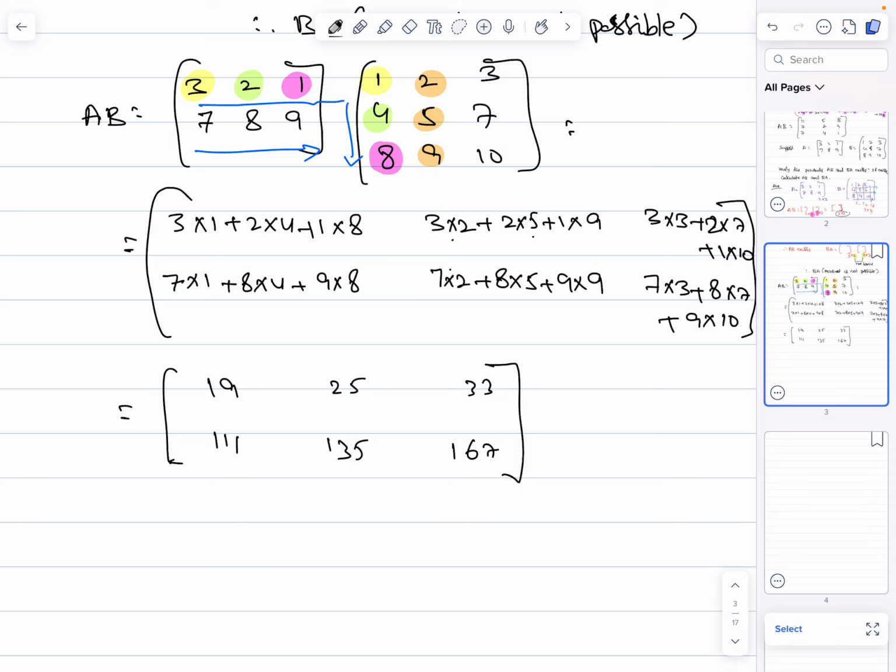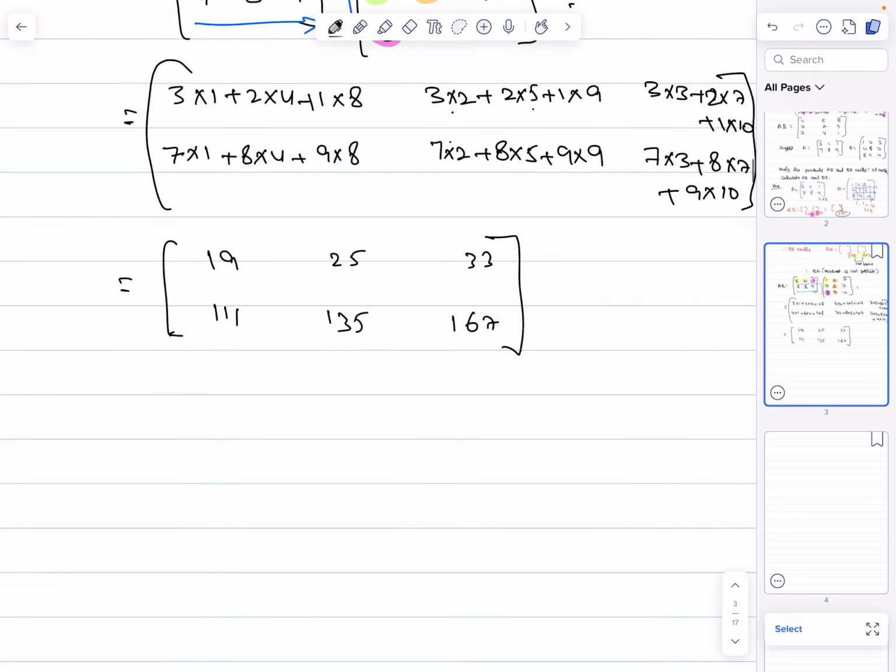Now, I will be taking you to the determinant concept. Whenever you have a 2 by 2 matrix, say A with entries a, b, c, d, where a, b, c, d can be any real number, we are focusing mainly on real numbers here.